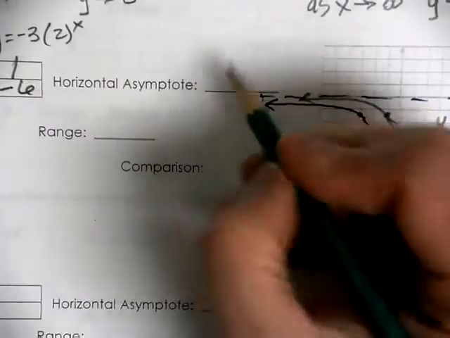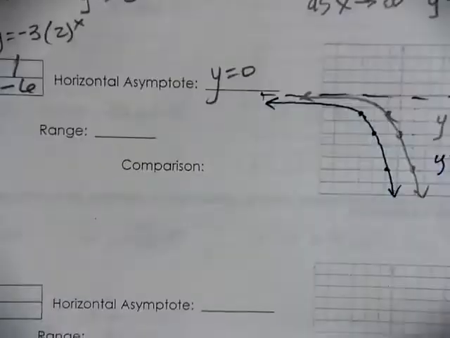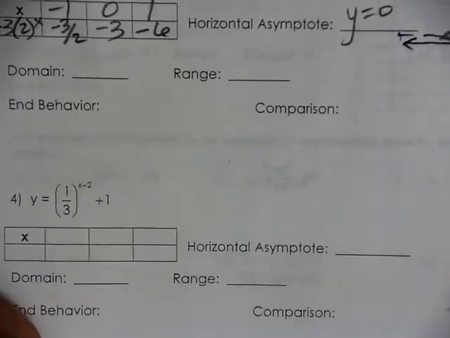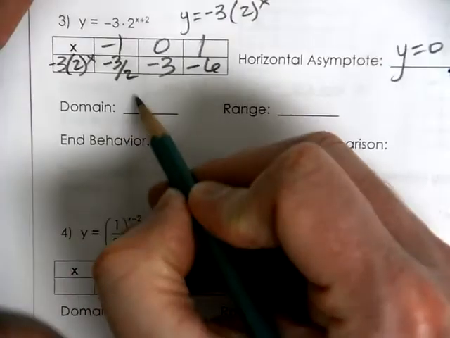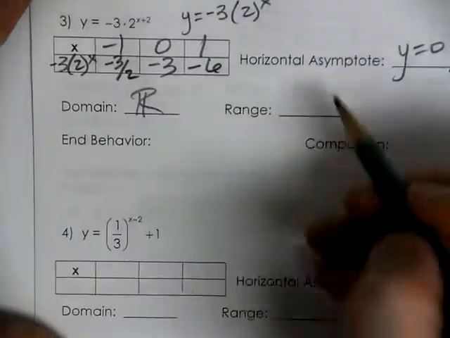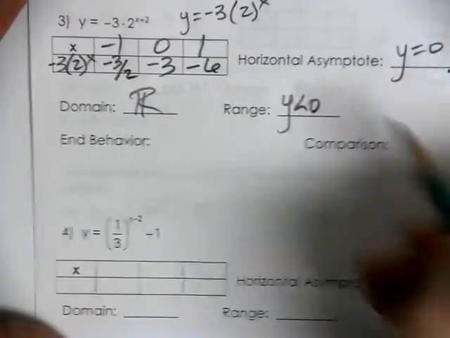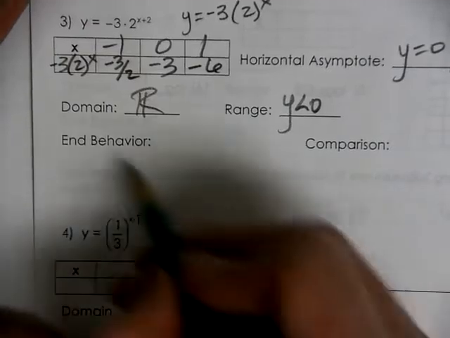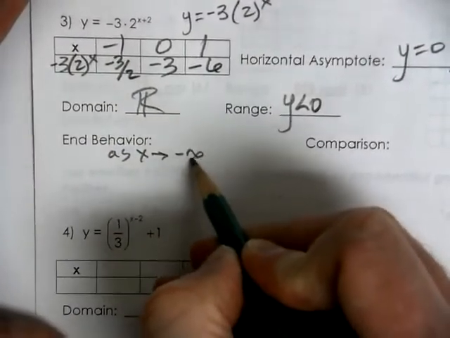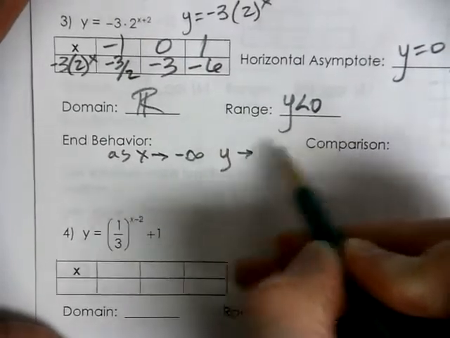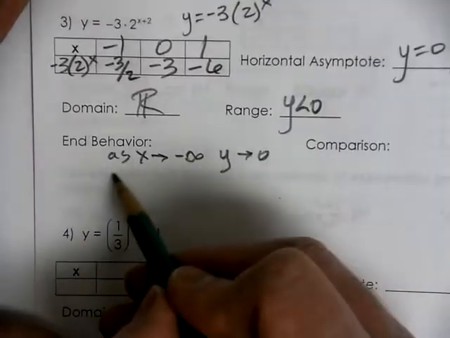The horizontal asymptote we determined was y equals 0. The domain, it was all real numbers. The range was less than 0. That's where the blue graph was. As x approaches -infinity, the graph is approaching 0.